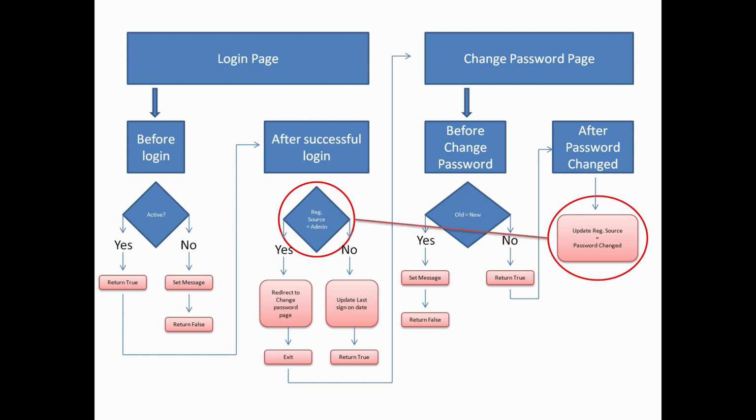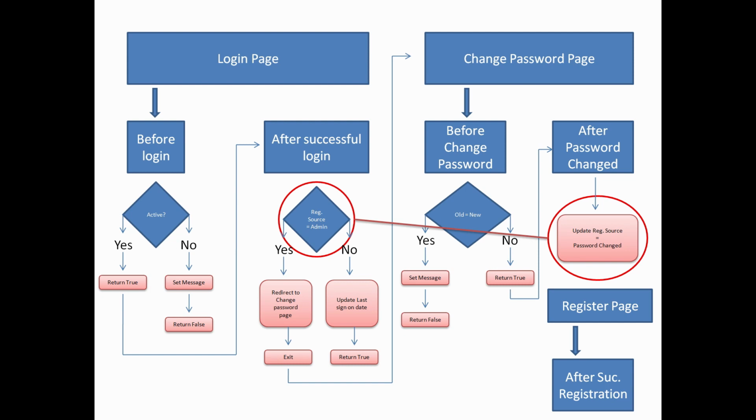So this is where the real logic happens. Finally, in the register page, it's very important that after successful registration, we're going to have to say that the source field is equal to web. This will also influence the test that we do in the after successful login event.